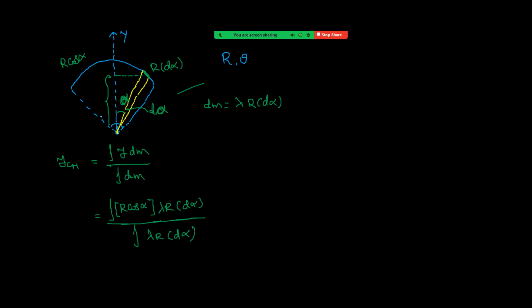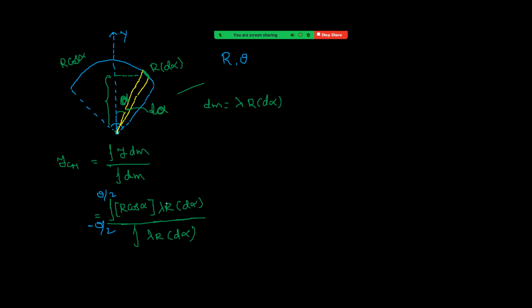If you take clockwise as positive, anti-clockwise is negative. It is completely our choice. Generally we take anti-clockwise as positive. Then the limits are minus theta by 2 to theta by 2.